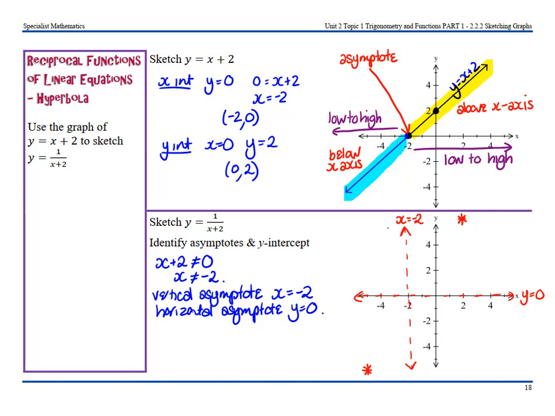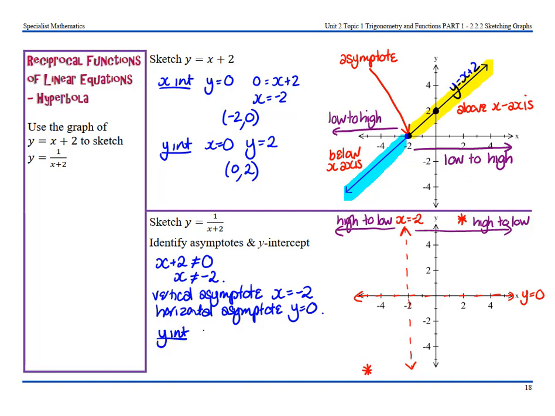So when we do our reciprocal function, we need to do the opposite. We need to go from high to low. And on this side, we're going to go from high to low. Think about it. If our y value is 5, 1 over 5 is small. If our y value is 1 over 5, then 1 over 1 over 5 is 5. So that's big. So it's the opposite. So when we go to our graph, the other thing we need is our y-intercept.